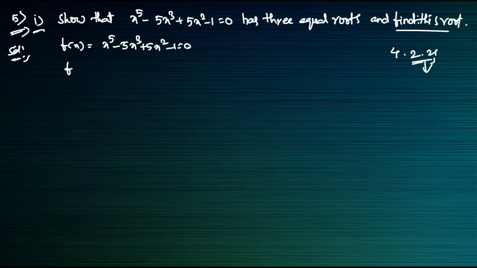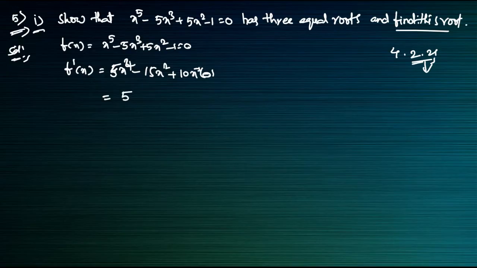So from this f dash of x is equal to 5x to the power of 4 minus 15x square plus 10x, minus 1 becomes 0. So from this I will take 5x common here, so it will become 5x square plus, okay.